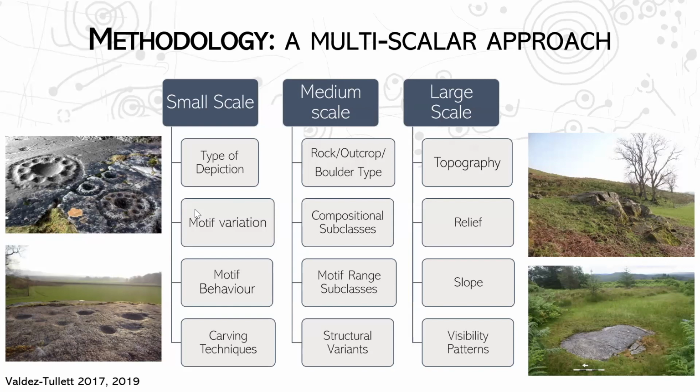At the next level, the medium scale, the rocks are classified according to the physical characteristics of the rock media, the interaction between motifs and also natural features of the rocks, as well as compositions of motifs, how they are organized on the rock surface and amongst themselves. And finally, at the large scale, we are looking at patterns of landscape setting, for example, the relationship between the rock art and natural elements, as well as contemporary monuments that surround the rock art.